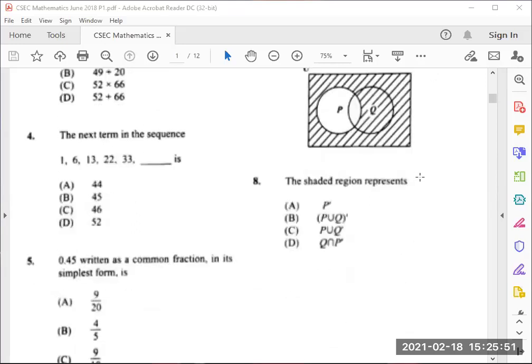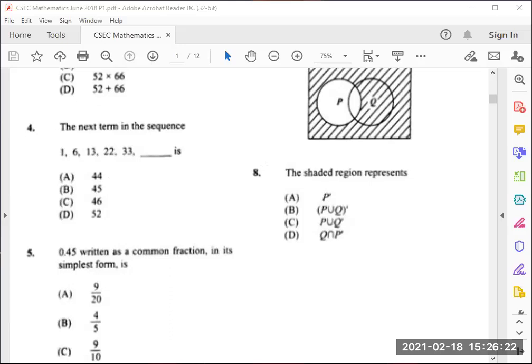Number 8 refers to the Venn diagram, and what is the shaded part called? What's the shaded portion called? Ariana says A, Tashela says A, Sanola says A. All right, A is correct.